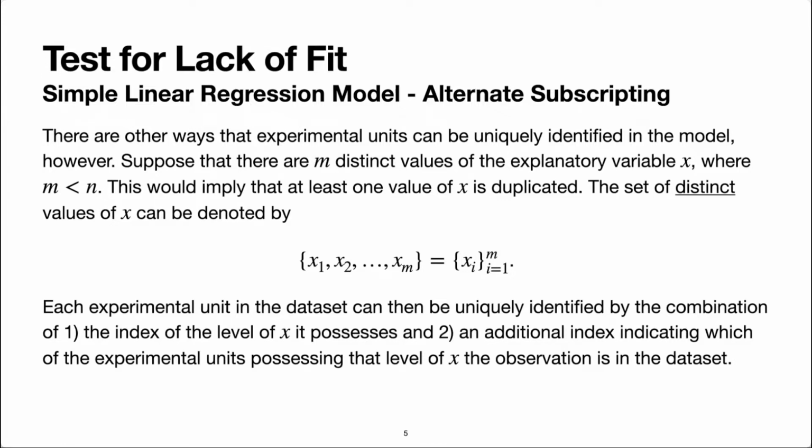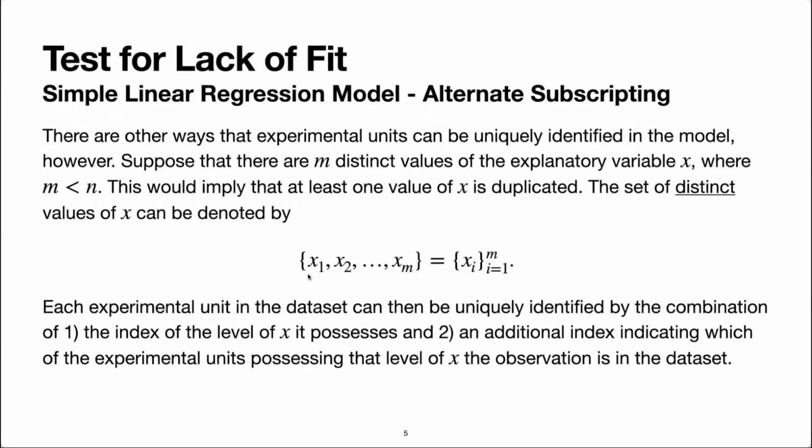Now, we can represent the set of distinct x values in the following way. And so we have x1, x2, and so forth up to x sub m. All right, again, m is the number of distinct values of the explanatory variable x. And so in this situation, x1 is not necessarily the value of x corresponding to experimental unit 1. x2 is not necessarily the value of the explanatory variable for experimental unit 2 and so forth.